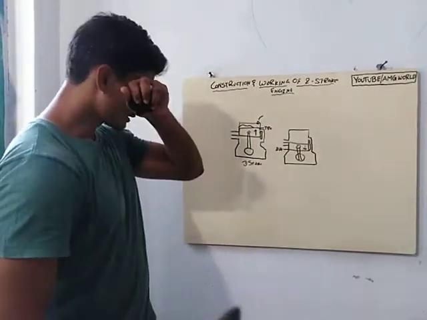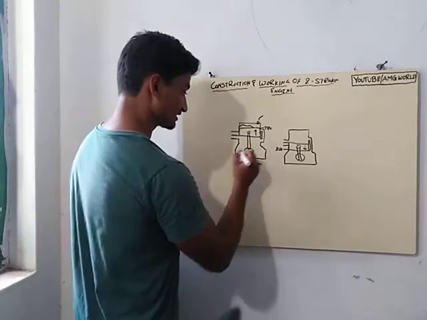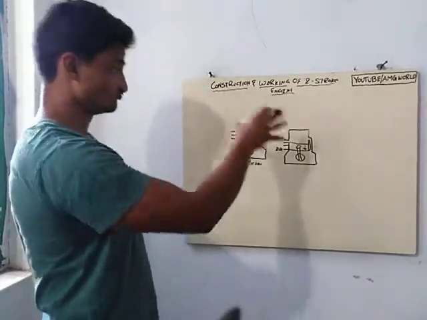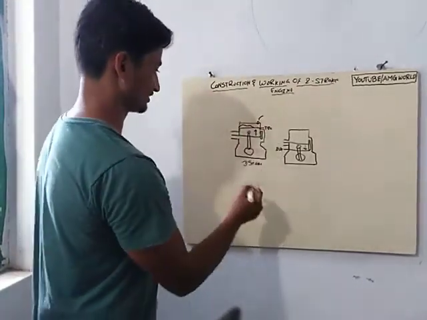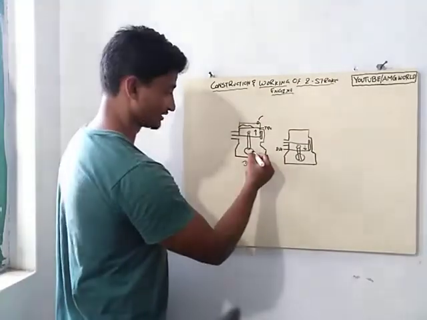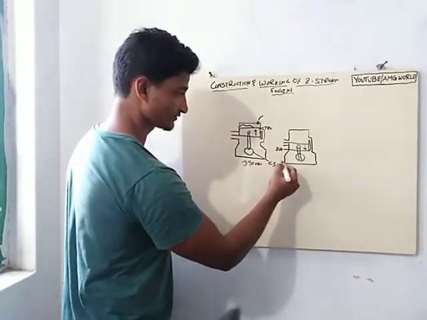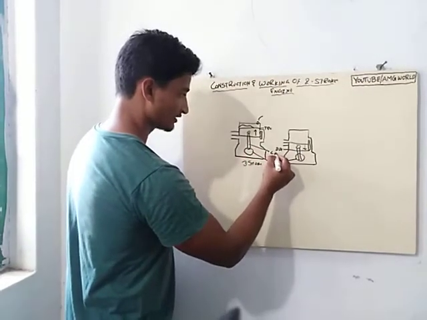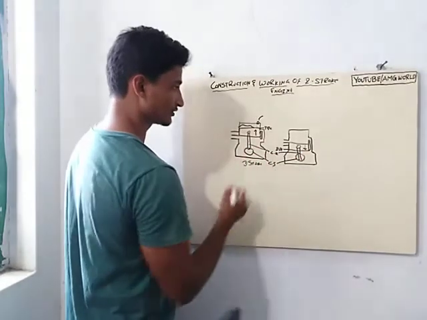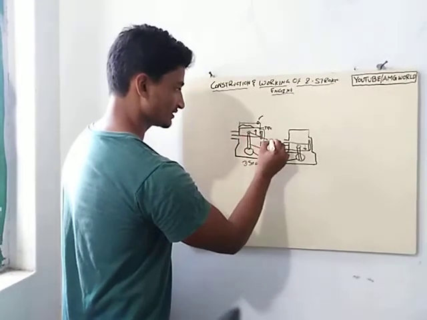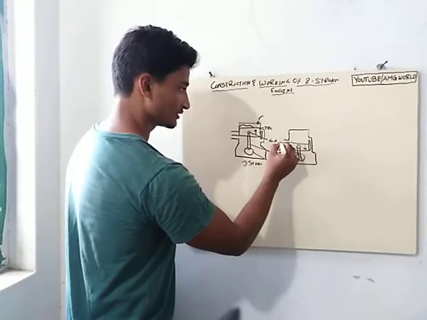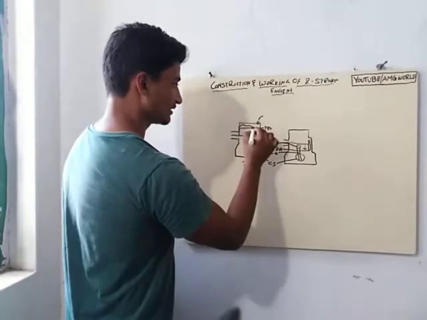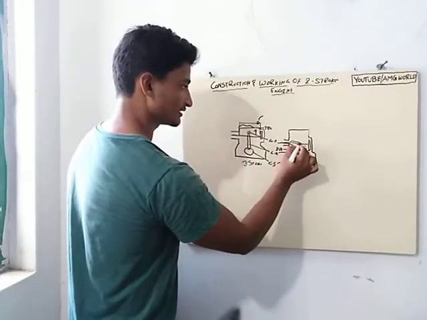Let's go to the constructional details of the two-stroke engine. Here comes the crankshaft, and here comes the connecting rod. Here we have the gudgeon pin. Here is a deflector, right?